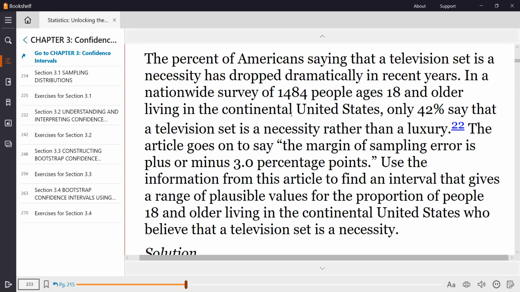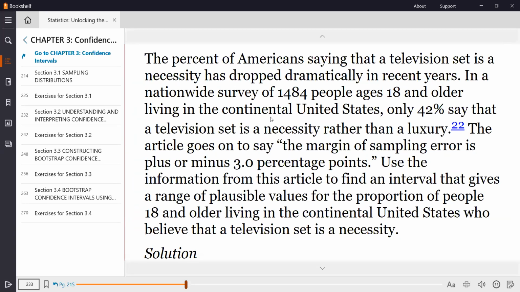Continental US, for those of you who don't know what that means, means the mainland. It will not include parts of the United States that are not part of the mainland. So Alaska and Hawaii would not be considered the continental, at least I don't think so.